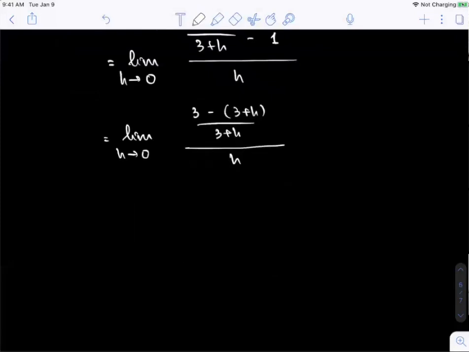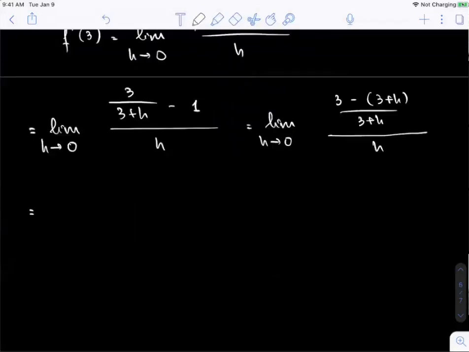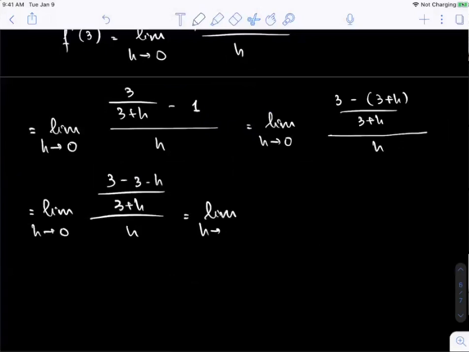You can simplify further. So I have the limit as h approaches 0 of 3 minus 3 minus h over 3 plus h altogether, divided by h. So the limit as h approaches 0 of negative h divided by h times 3 plus h, because 3 and negative 3 cancel out.